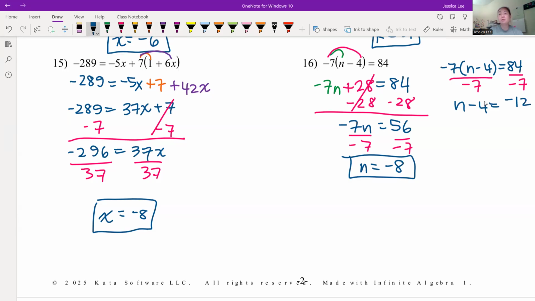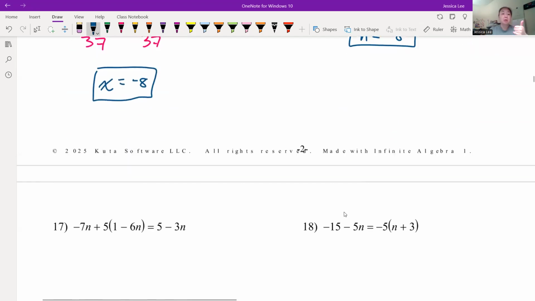So it'd be -12. And then we're going to just add 4. Do you see how it kind of shortens and makes all the numbers smaller? And then n is equal to -8. Okay, see, same answer. Two different ways to do it. All right, as long as we're not breaking any mathematical rules, we're good to go.